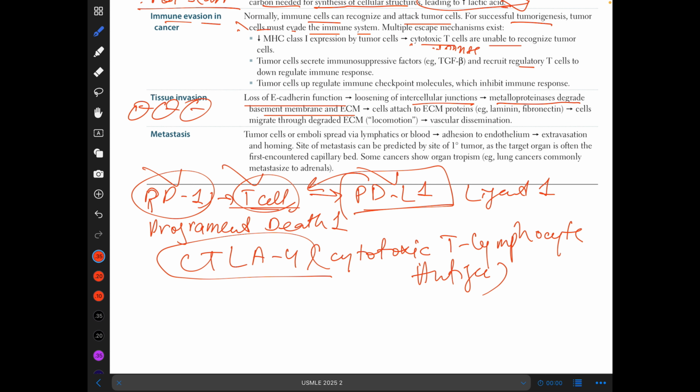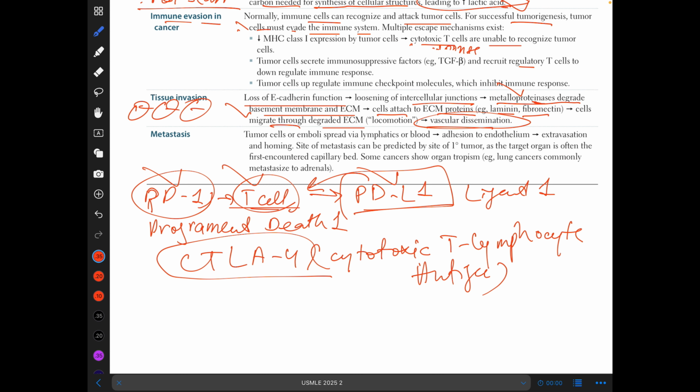Also, metalloproteinase enzymes like collagenase and hydrolases act on the basement membrane and disrupt it, so cells attach to ECM proteins like laminin and fibronectin, and cells migrate through the degraded ECM and then vascular dissemination.